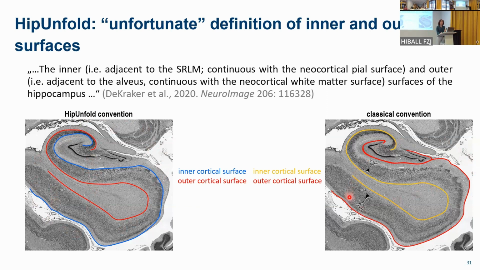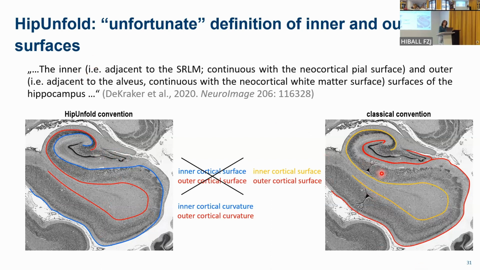The anatomist sees them like this, okay? So it would be easy enough if you just say, okay, I've defined these lines according to the cortical curvature. Then you can talk about inner and outer curvature without causing any possible misunderstandings. And that is because, when the anatomist, here, I don't know if you can see it well, but I'll point them out.